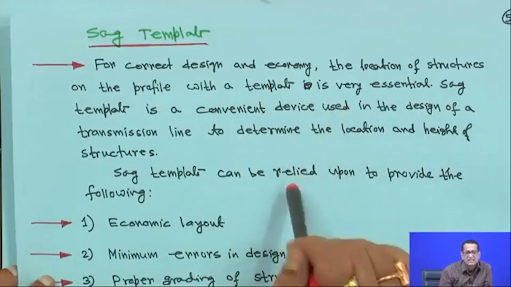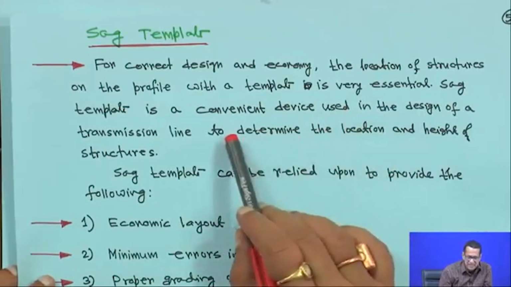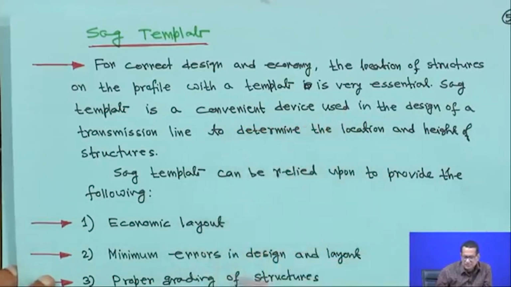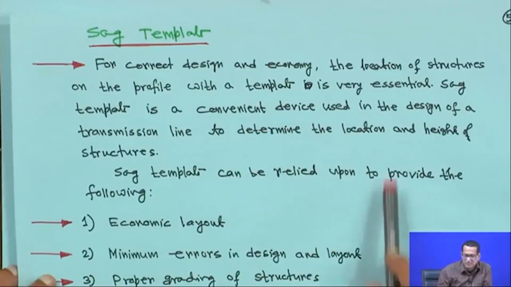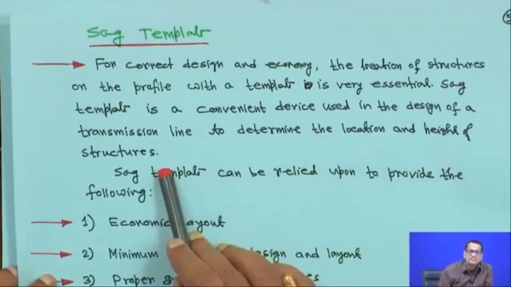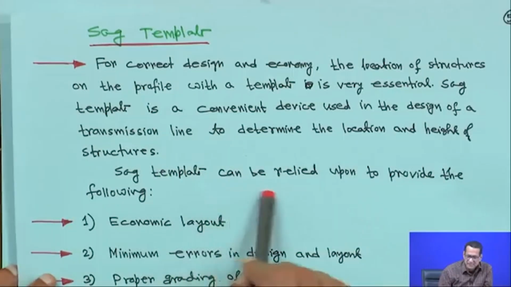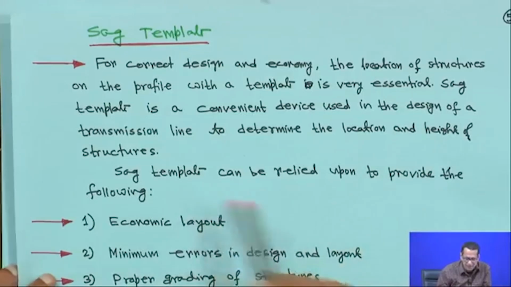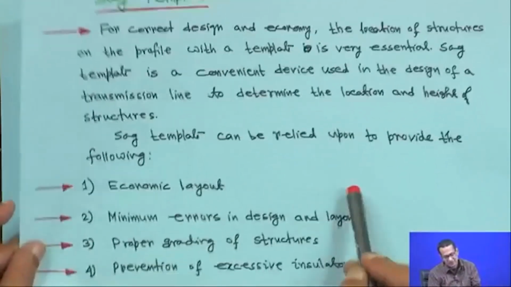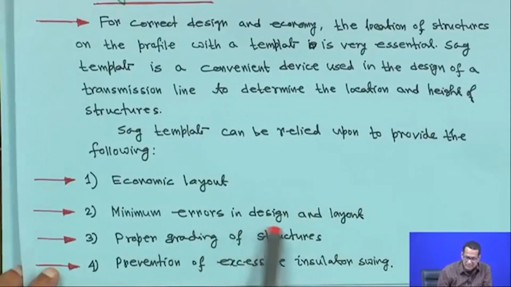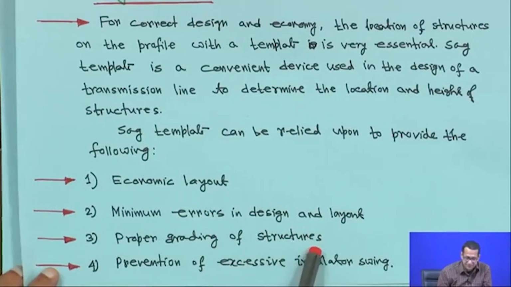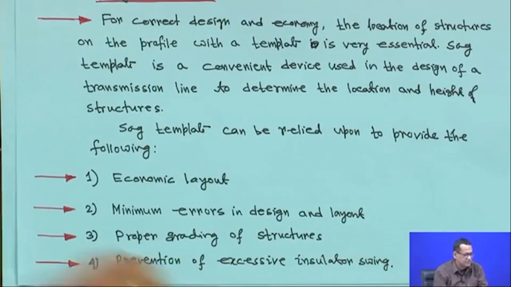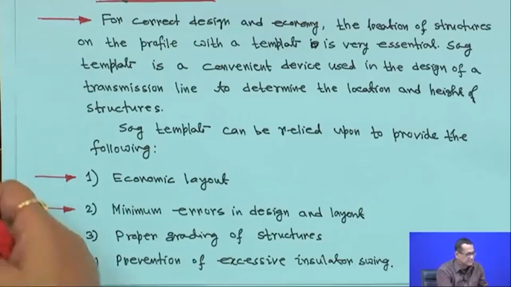That is what we call the sag template. Although a sag template is given, sometimes this may not be exactly what you want, but you have some ideas. So a sag template is a convenient device used in the design of a transmission line to determine the location and height of the structure. A sag template can be relied upon to provide the following. First thing is economic layout, minimum errors in design and layout, proper grading of structures, and prevention of excessive insulator swing. All these things will be there on the sag template.